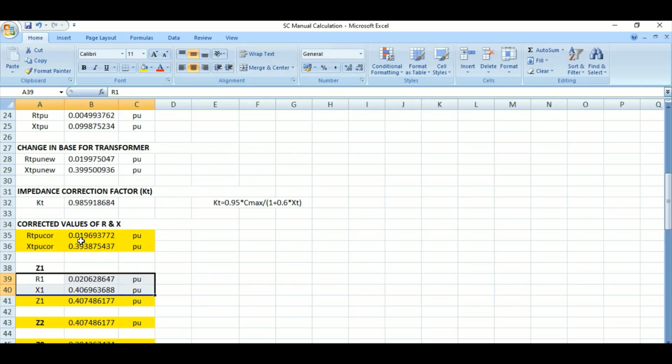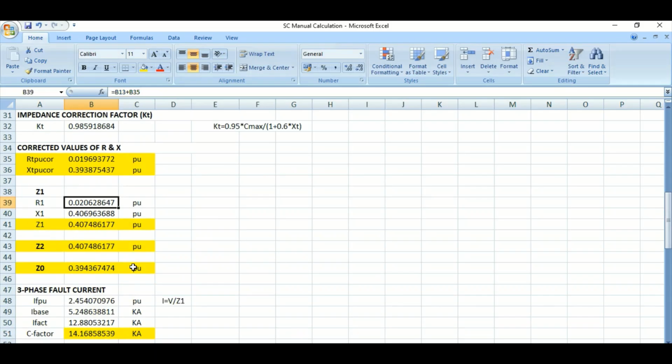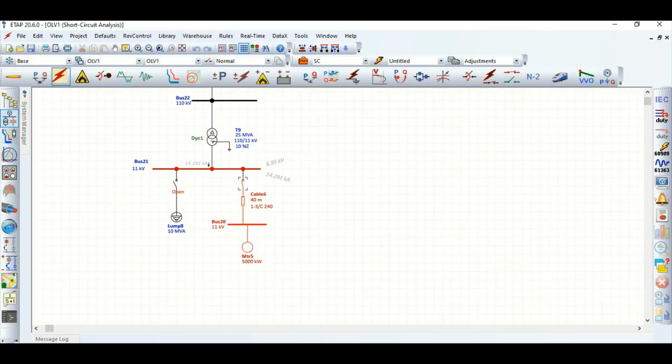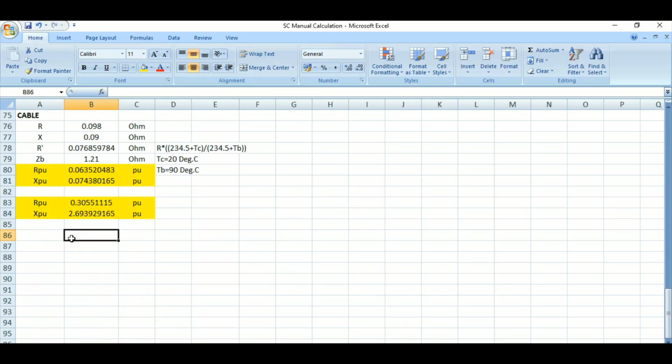R1 and X1 value means, I think this was for the transformer and source grid value. So we can consider these two values for the first part, and for this branch circuit we have calculated this. Let's mark it in a different color.